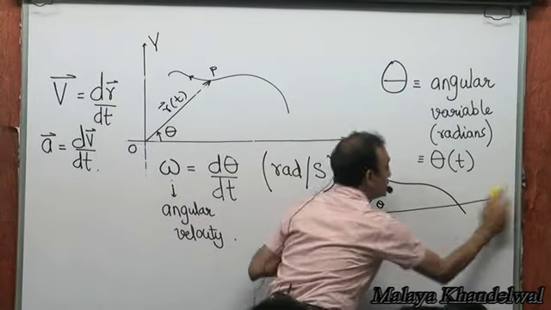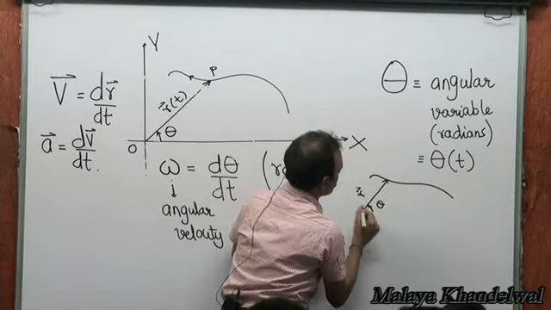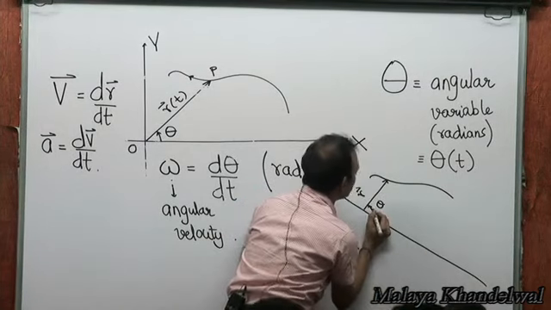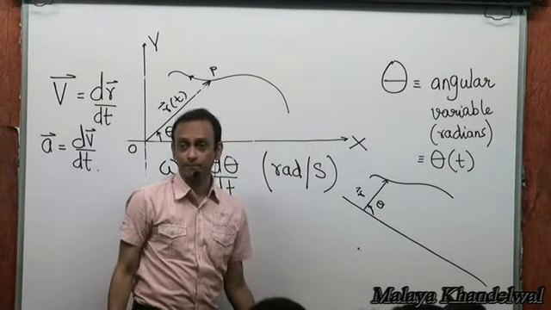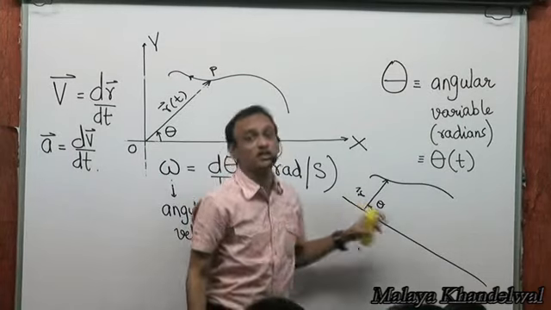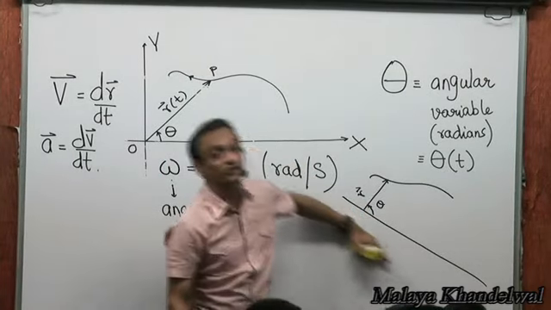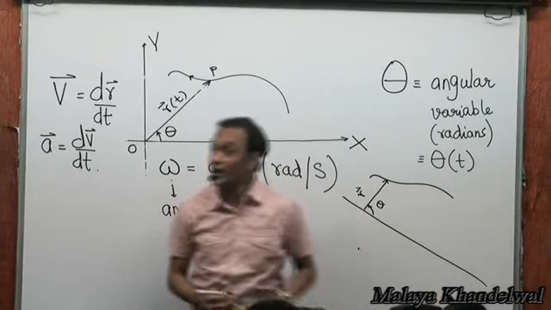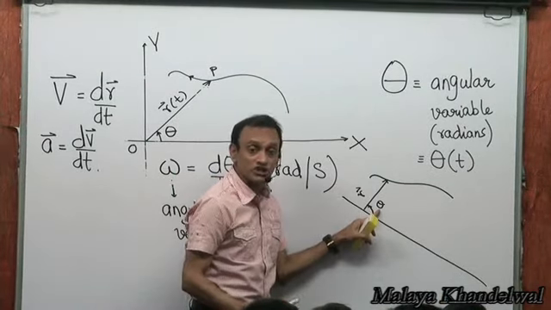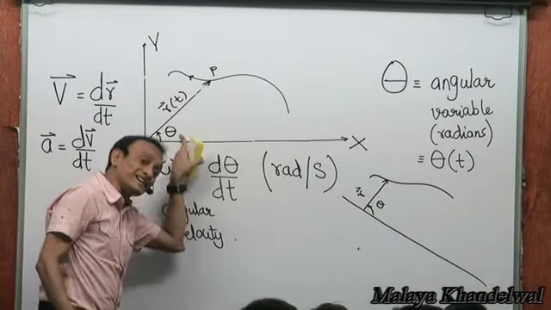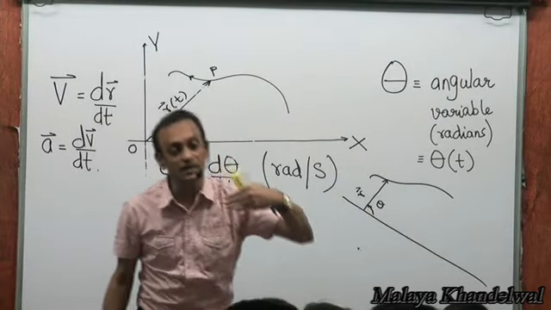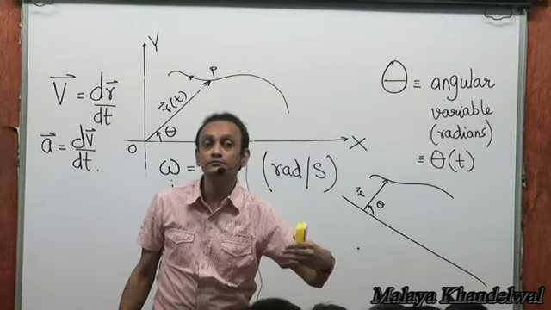Theta could have been measured with respect to any reference line, which need not be the x-axis. As long as you stay loyal to this reference line, the rate at which theta changes with time is going to be the same. You know why?